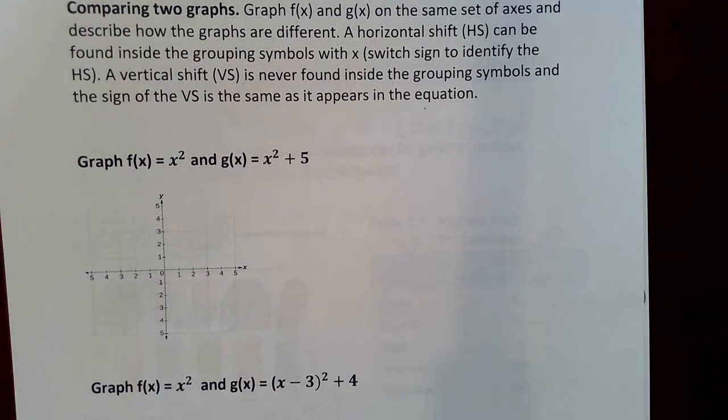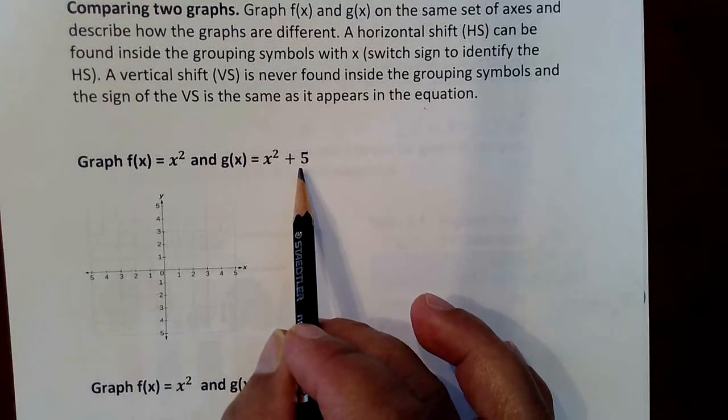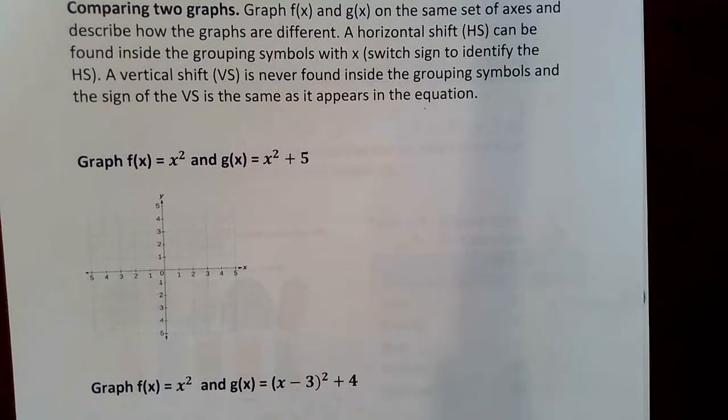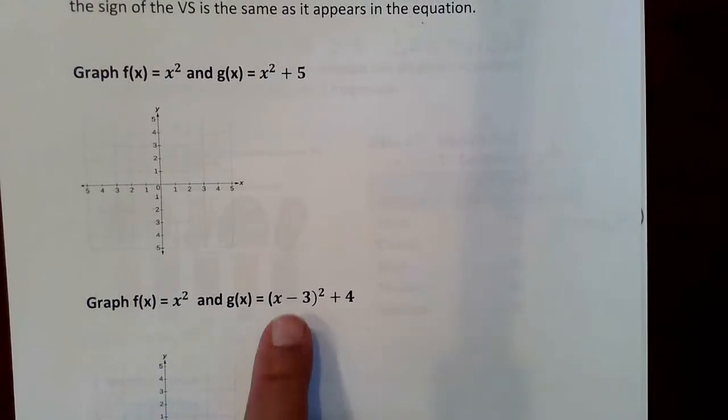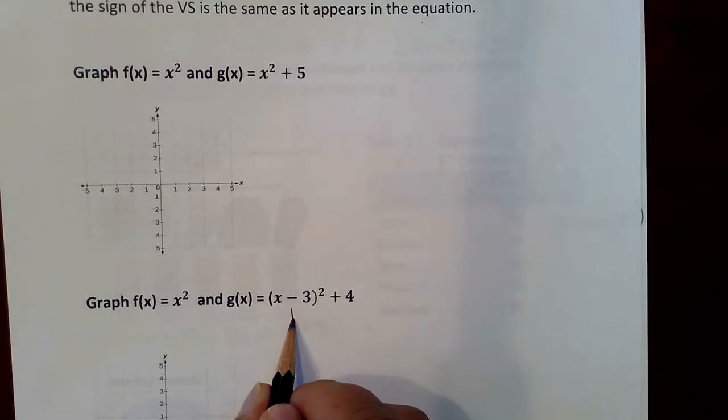Here, in this second problem, they're both x squared. This has a square on the x, this has a square on the x. Only here there are extra numbers included in the parentheses with the x and also on the outside of the parentheses. Here there is only a number on the outside, no parentheses at all. So I want you to understand that when you're looking at a number that's included with the x inside a parenthesis, that is known as a horizontal shift.